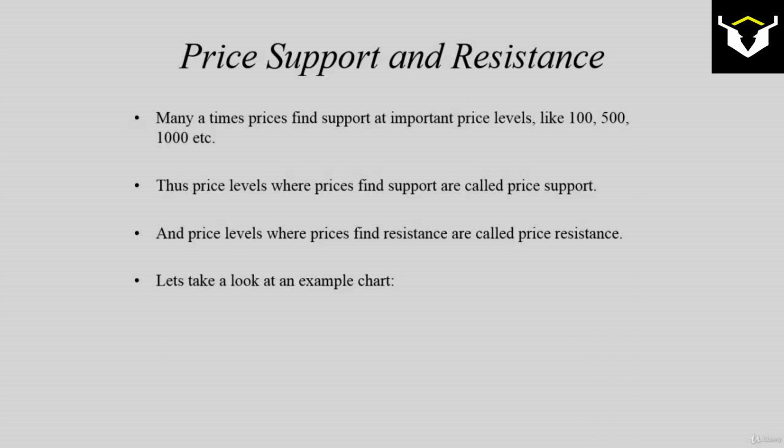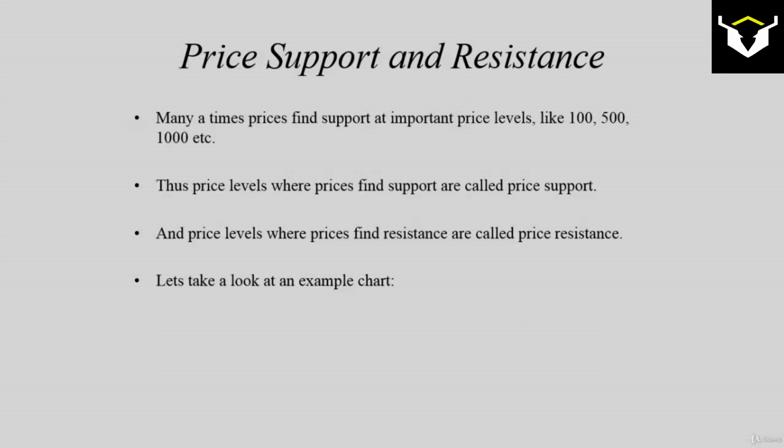If you are aware of the Sensex, the BSE index, it had a psychological resistance of 20,000. People talked about whether it would be able to cross 20,000 and sustain itself above it. So these numbers are psychological numbers.